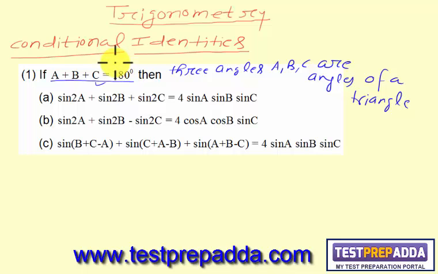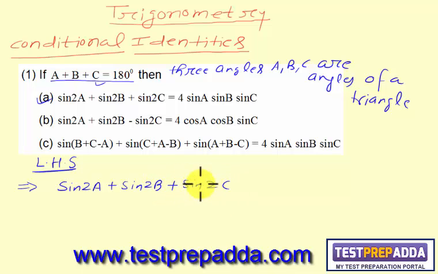Now here, first of all, I'll take this identity. I am going to prove this. I'm taking the LHS part, which is sine 2A plus sine 2B plus sine 2C.